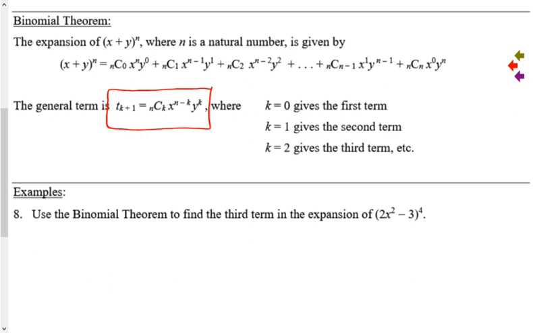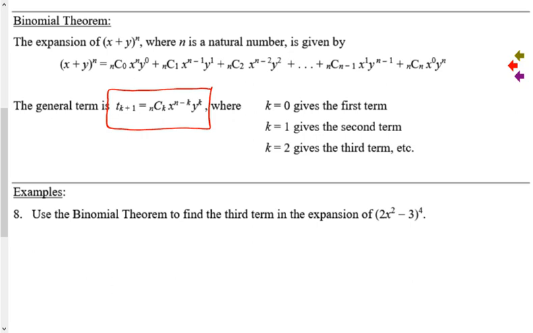This is saying term k plus 1, which seems like an odd way to say it. If I wanted the 7th term, then my k is actually a 6, so my k value is 1 less. The reason for that is to make the numbers simpler on the right-hand side.